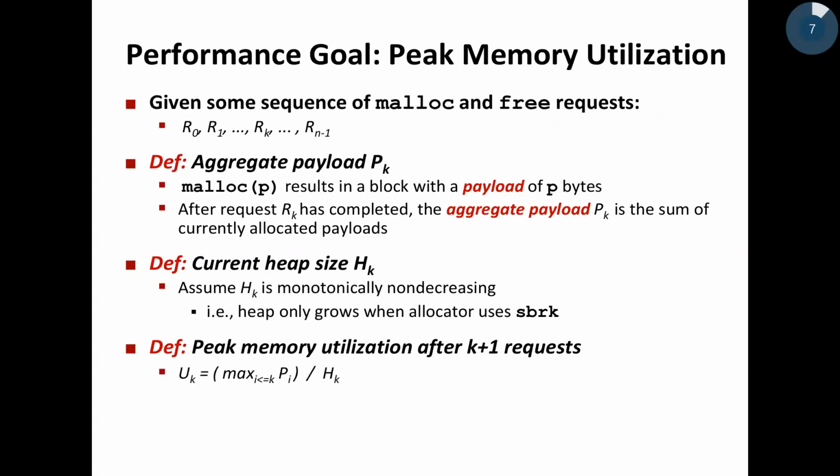So yeah, this is the definition. Peak memory utilization after k+1 requests is going to be the maximum payload, from 0 to k, divided by Hk, right? Because remember that the heap is monotonically non-decreasing here.